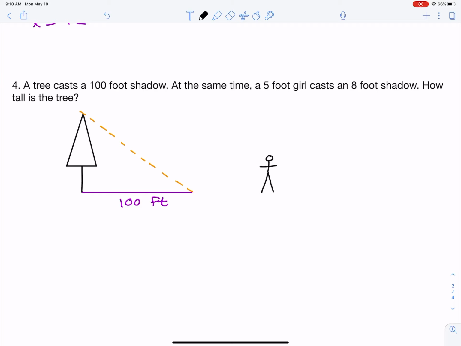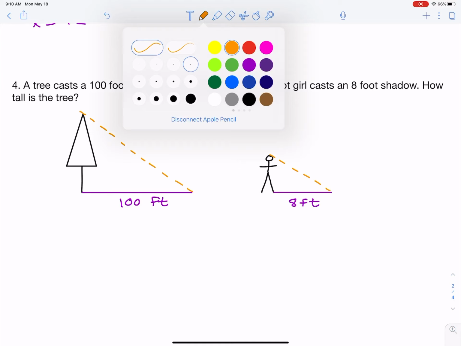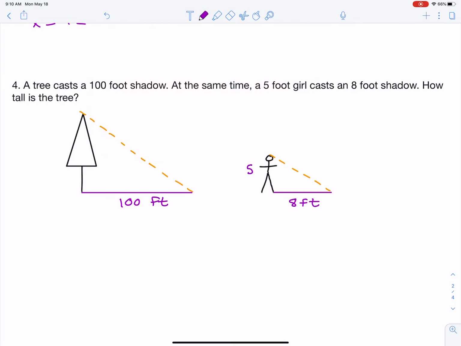She casts an 8-foot shadow, so our shadow might look like this, and it is 8 feet. Again, these triangles are not drawn to scale. We were told she is 5 feet. The question is, how tall is the tree?